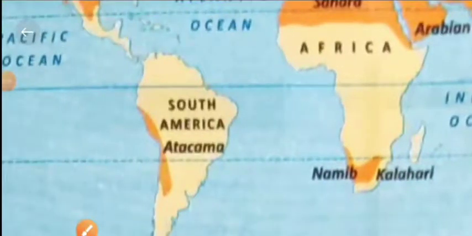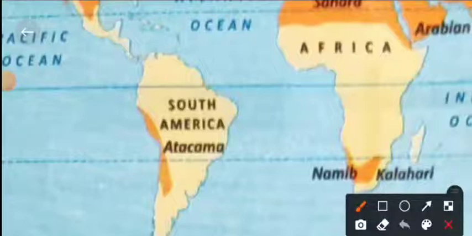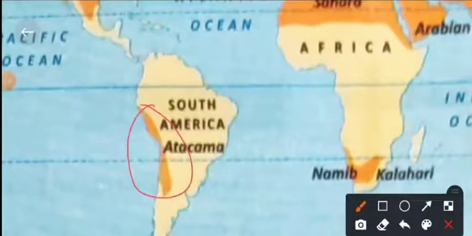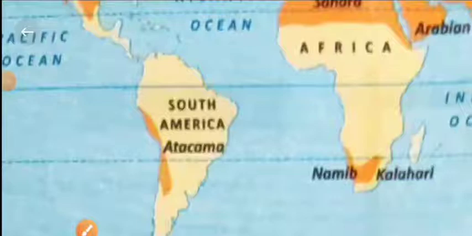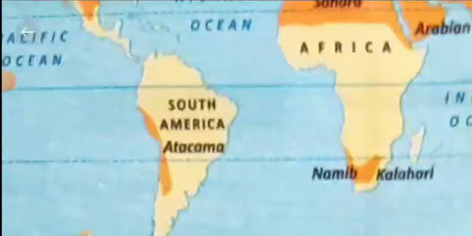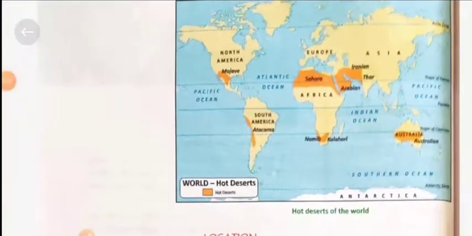In South America, the Atacama Desert lies in the west, in Peru and Argentina. So these deserts are found in this region.